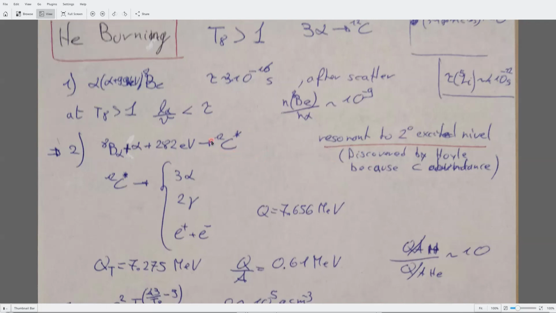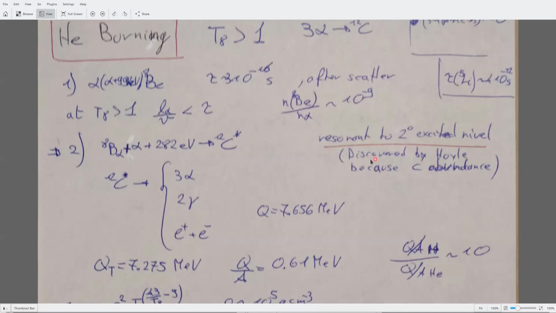The fact that it should be resonant was supposed mainly by Hoyle, then discovered because several experiments in the laboratory were done to find it, and they showed that it is this kind of energy that I remember. The temperature is not so high, it's in the nearby of the kilo electron volt, a little less than 1 megaelectron volt, so it's not difficult to accelerate these particles in the laboratory.